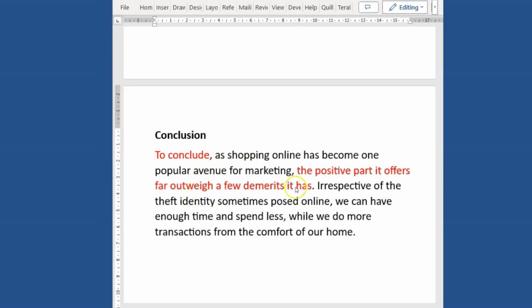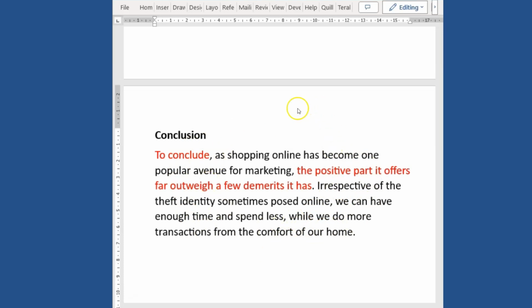I have summarized everything here to make sure it neatly ends the essay. You can see I have the whole question still paraphrased here. I have my thesis statement talking about the positive part outweighing the negative side, and then still talking about the points that I used. So this is how you also write a conclusion.